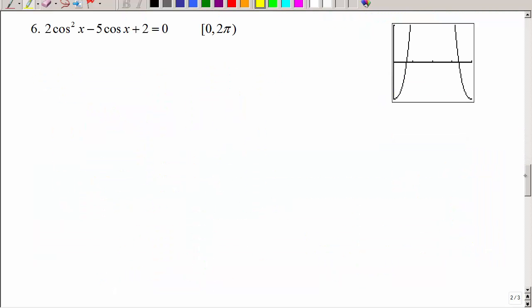I would like for you to try this problem on your own and be prepared to discuss it in class. But again, I am going to give you some hints. I have graphed this over here between 0 and 2 pi. And since that's equal to 0, we're looking for when it crosses the x-axis, or when y equals 0, at 2 points.